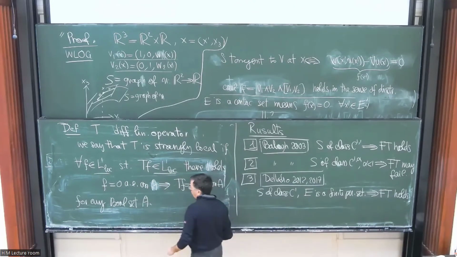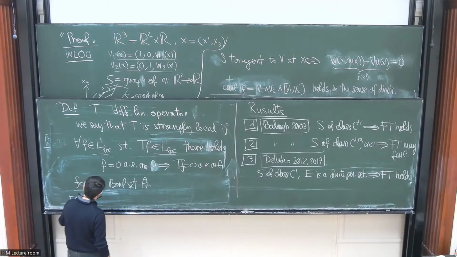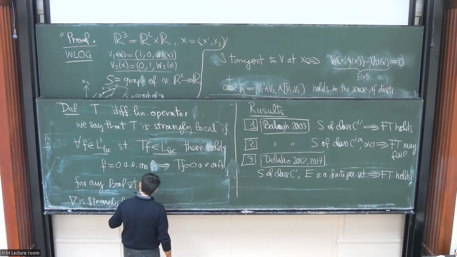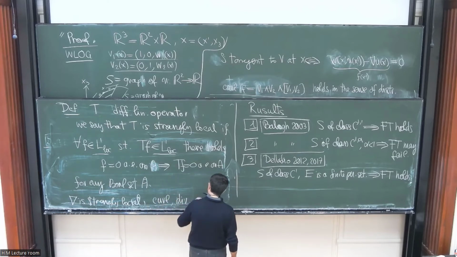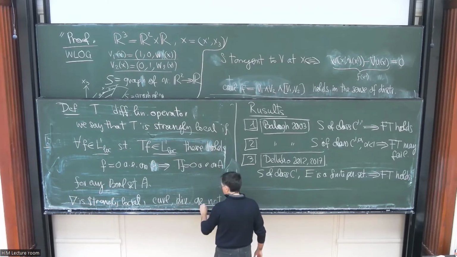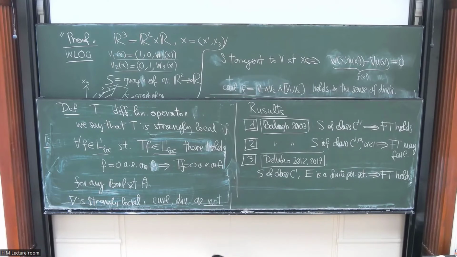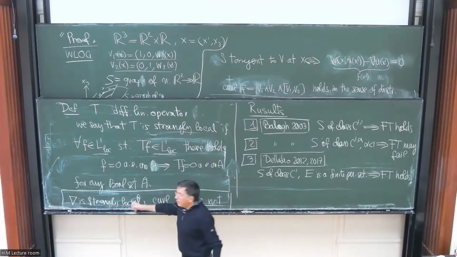And so what is known is that the gradient is strongly local, but the curl and the divergence, for example, are not. The gradient is strongly local.